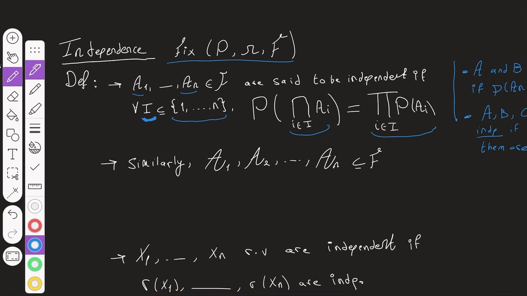If I take subsets of the sigma algebra F, and I call them A1 through AN, then we say that these collections are independent if the following happens: for every choice of indices, and in the product of these collections, if we take any sets, I should probably write it as a bracket thing, but it doesn't matter here.